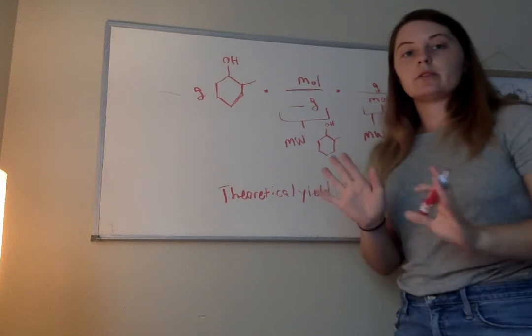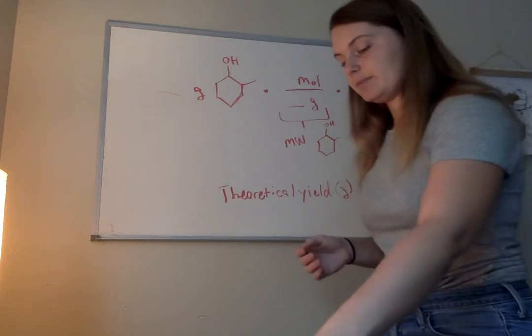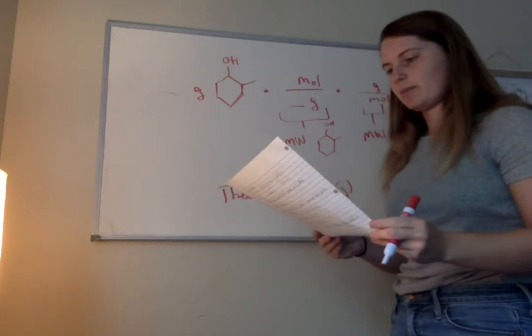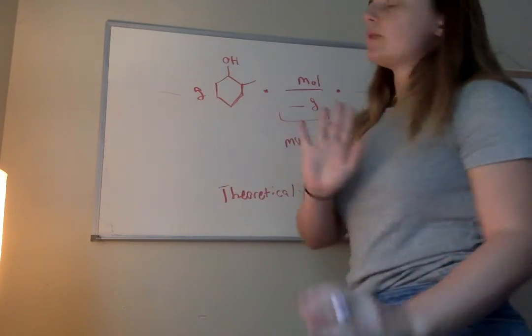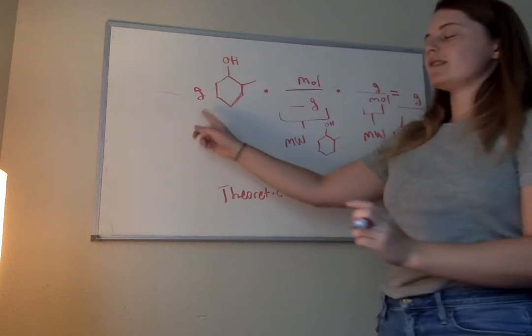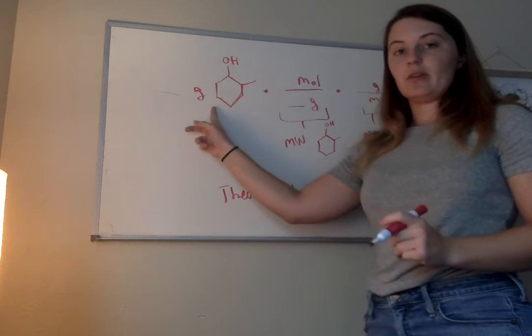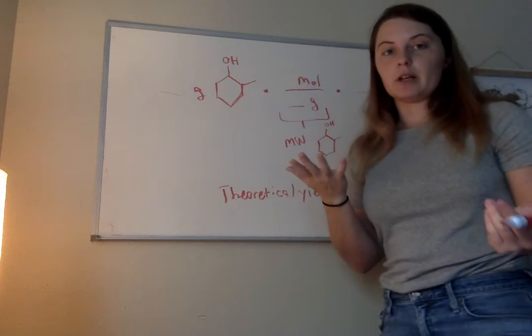Oh, and just to be clear, because we're working in mLs, let's backtrack here really quickly. So we've got to get to grams of this, and we're starting in mLs, right?